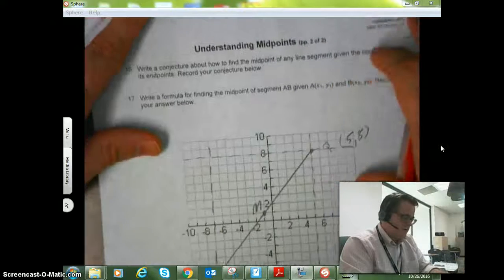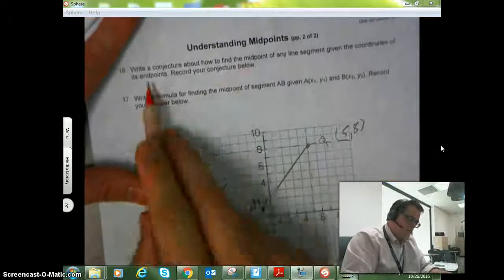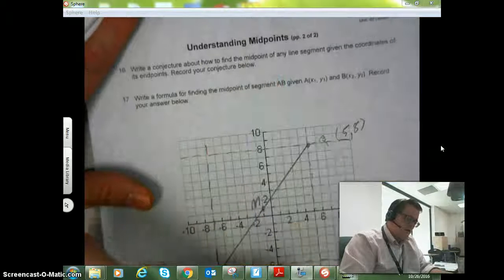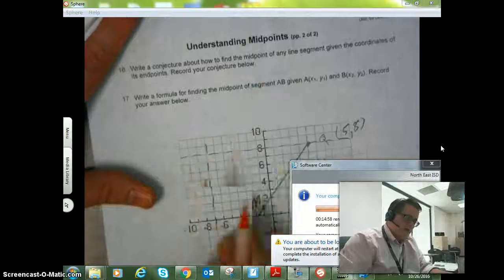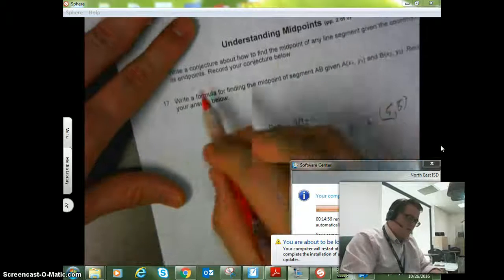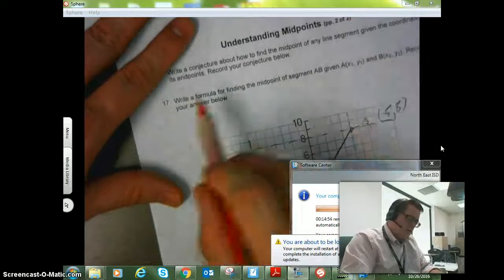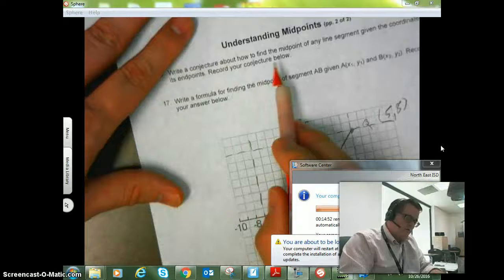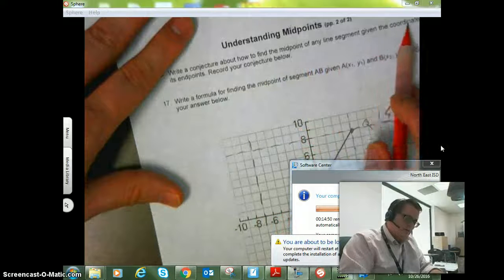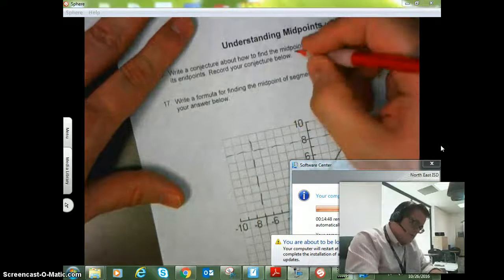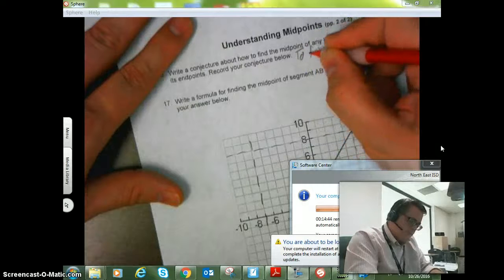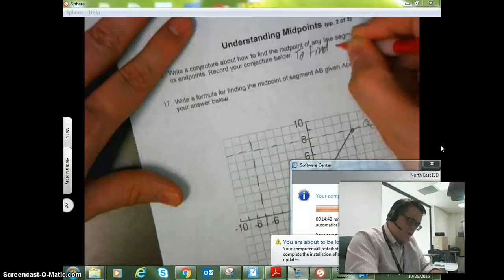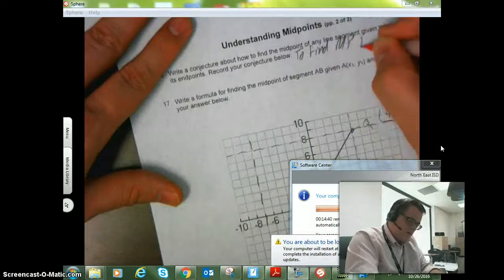So finally, kind of at the top here, write a conjecture about how the midpoint of any line segment contains its endpoints. Oh, I'm sorry, I read that wrong. Write a conjecture about how to find the midpoint of any line segment given the coordinates of its endpoints. Well, the conjecture would be to find the midpoint, and I'm going to abbreviate here to find midpoint.